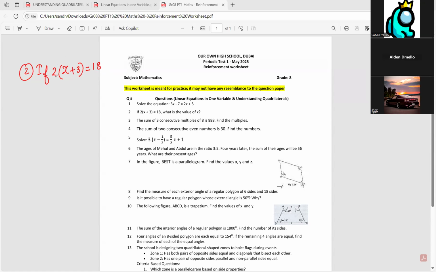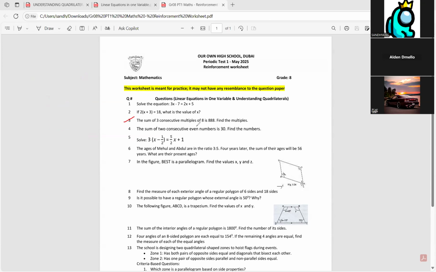So multiplication, when it goes to the other side, it will become division. x plus 3 is equal to 18 divided by 2, that is equal to 9. Now x is equal to 9, plus 3 goes to the other side, it will become minus 3. So 9 minus 3 equal to 6. That's how we can find it. Understood? Yes, ma'am.